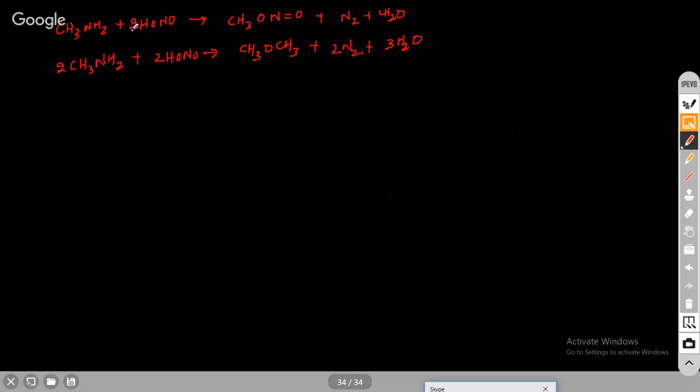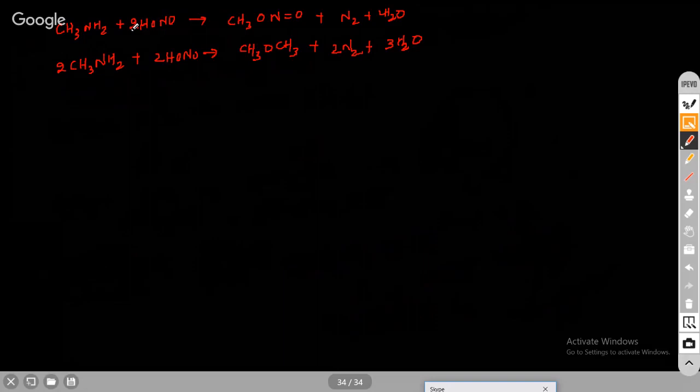One more point to write down. Secondary amines form nitrosoamines, which are yellow liquid and insoluble in water. This is actually a test of amines. When amines react with HNO2, if you have a primary amine, then nitrogen gas evolves.